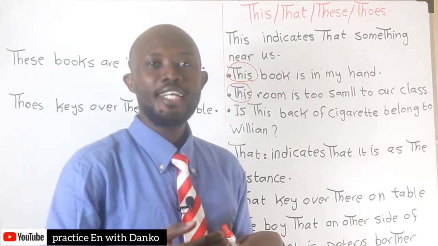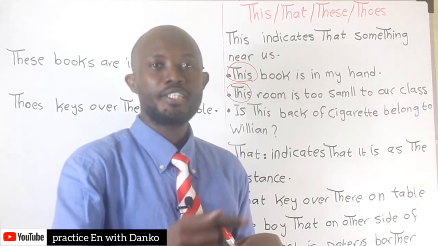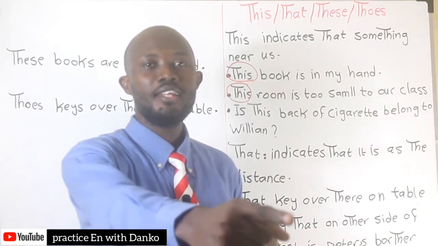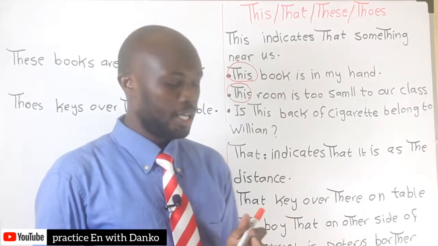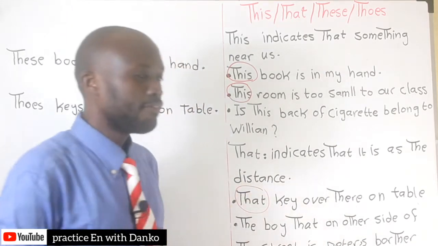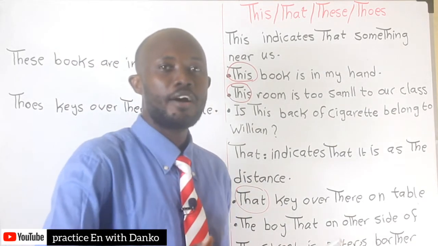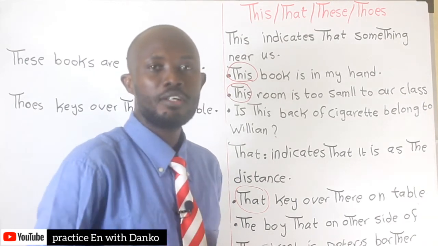Okay? You want to indicate it to someone, to point to the key on the table. So you must say that key over there on the table. Here, use that to indicate something because there is a distance between you and these things.